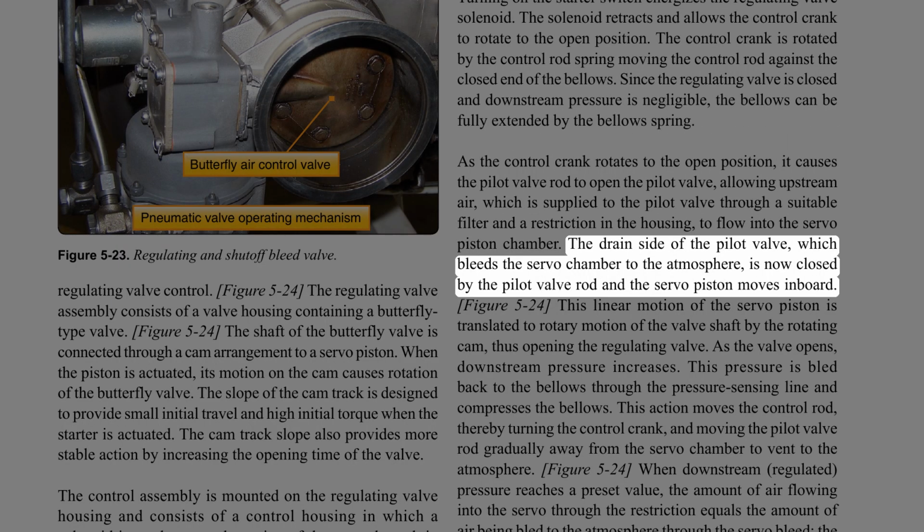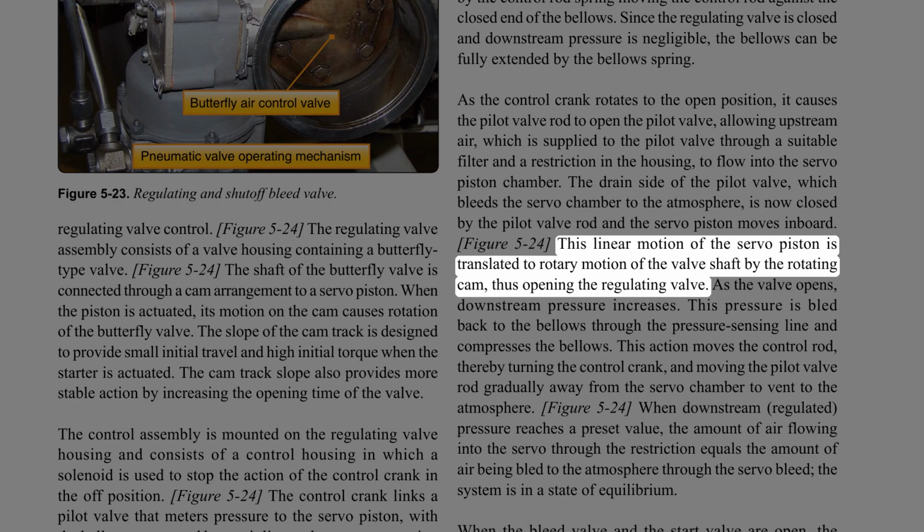The drain side of the pilot valve, which bleeds the servo chamber to the atmosphere, is now closed by the pilot valve rod and the servo piston moves inboard. This linear motion of the servo piston is translated to rotary motion of the valve shaft by the rotating cam, thus opening the regulating valve.